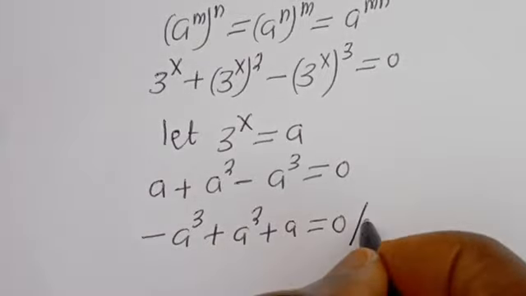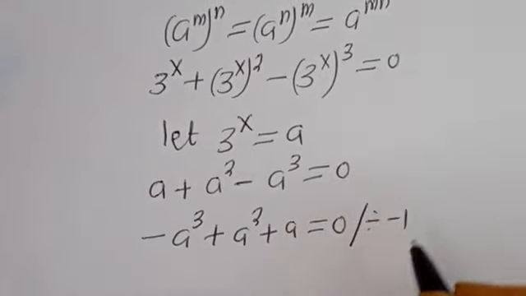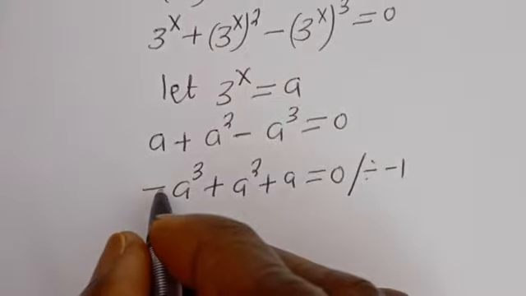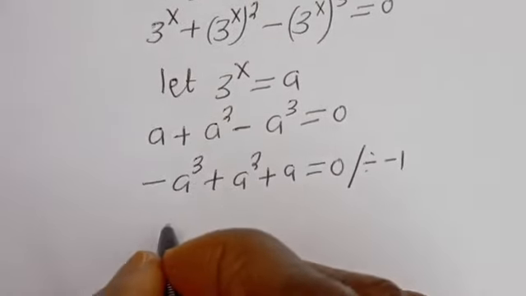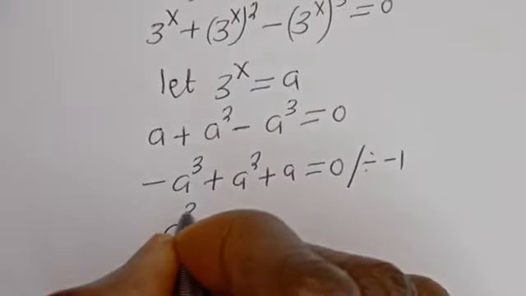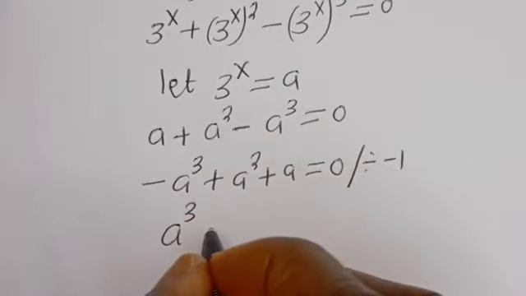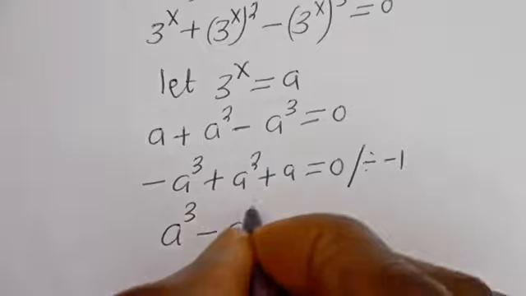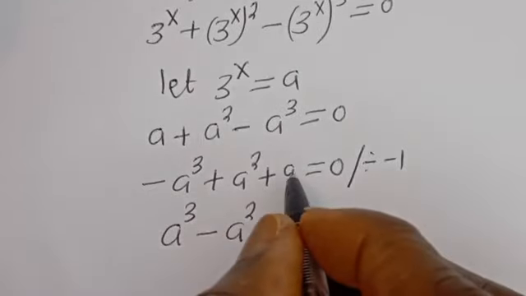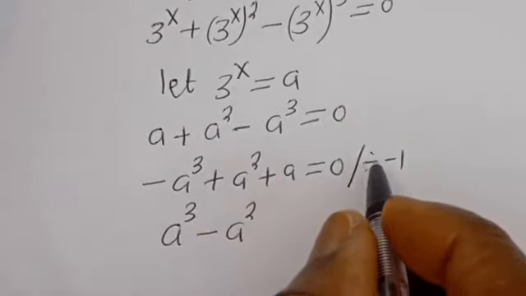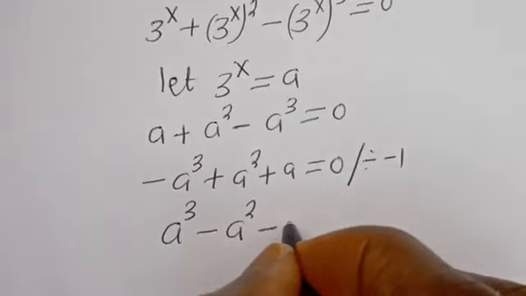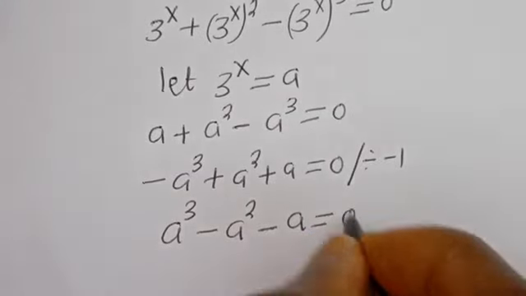We can divide all through by minus 1. So minus a cubed divided by minus 1 gives a cubed, plus a squared divided by minus 1 gives minus a squared, and plus a divided by minus 1 becomes minus a, is equal to 0.